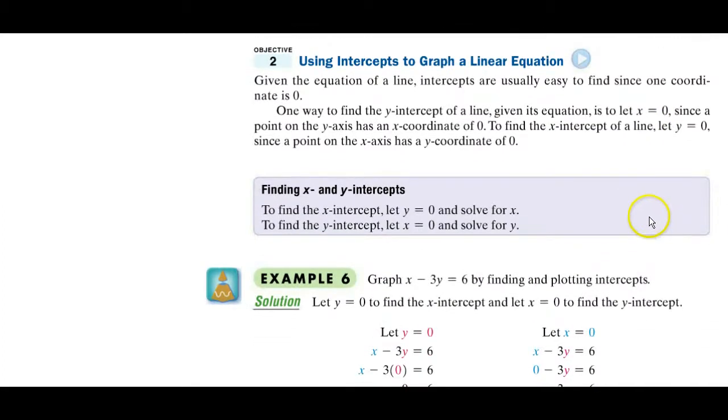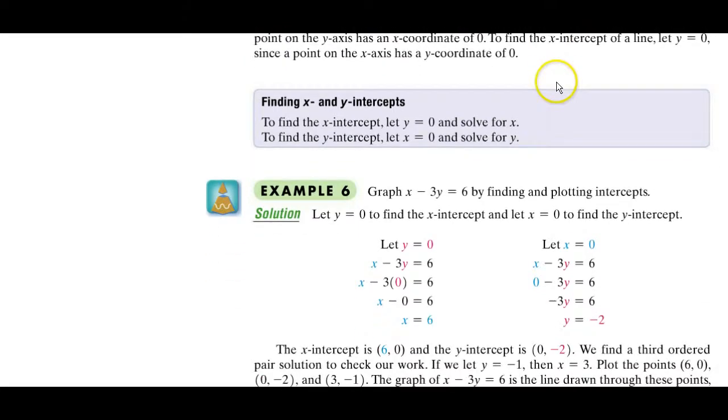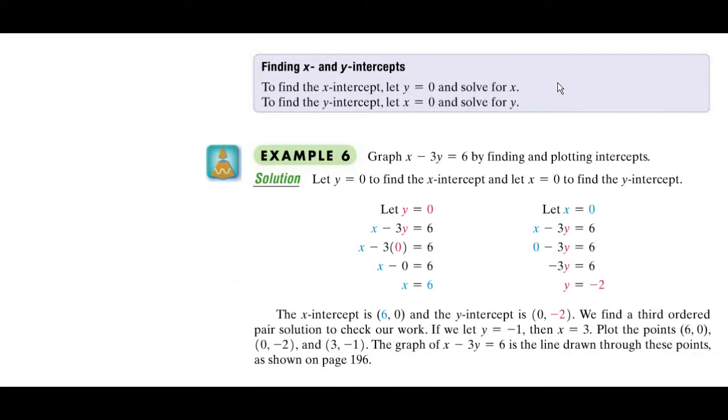Now, using intercepts to graph a linear equation. We have done this for a while. Now notice, they are not introducing here the famous x and y intercept T-chart.